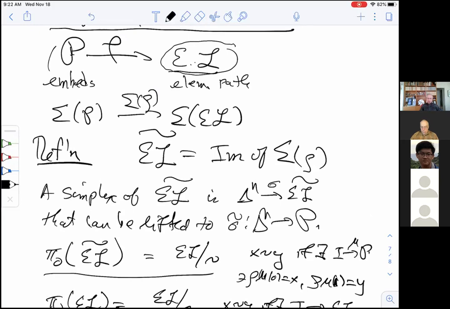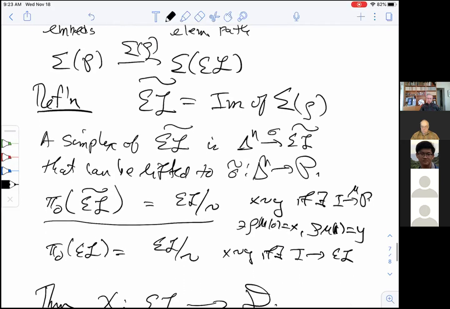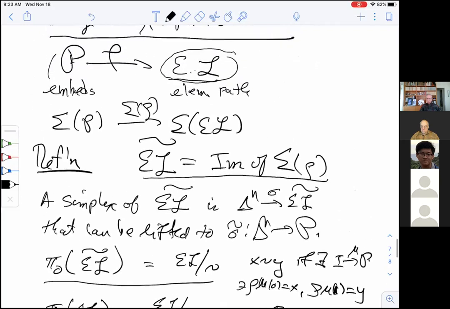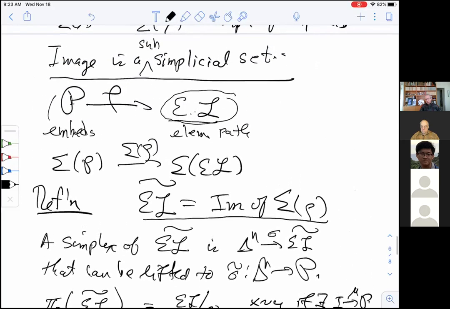So you take a deformation of the embedding, and to each embedding in the family you have one of these paths, and you take those paths of paths. I see. So it's a subsimplicial set, and we're really only interested in pi naught in the end, so it's a subcollection of paths inside EL, not all paths, only those paths that can be lifted to paths of embeddings.